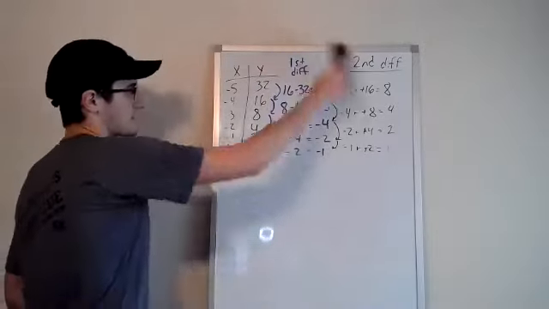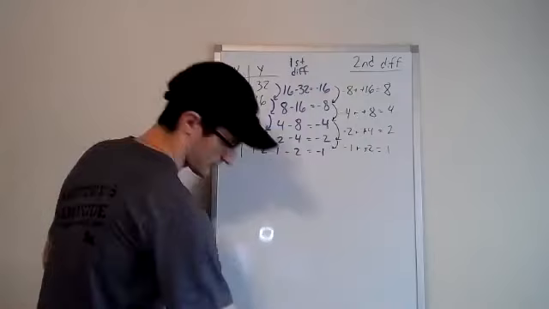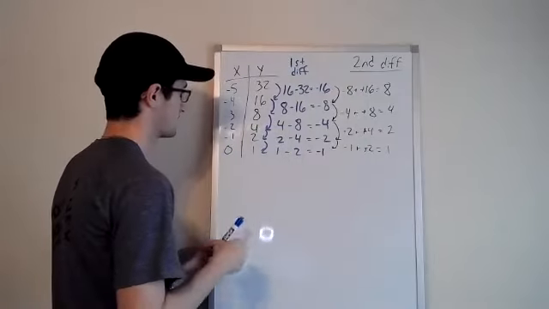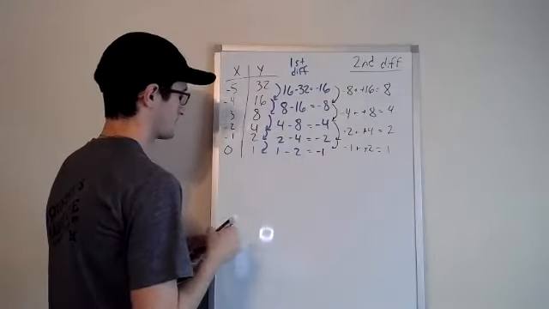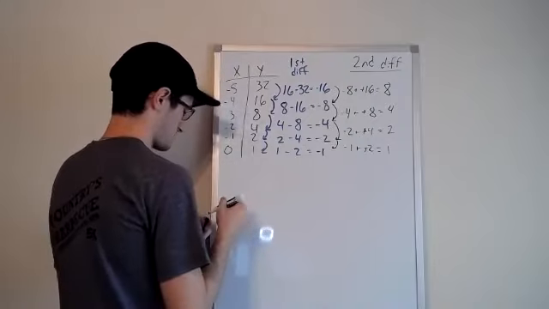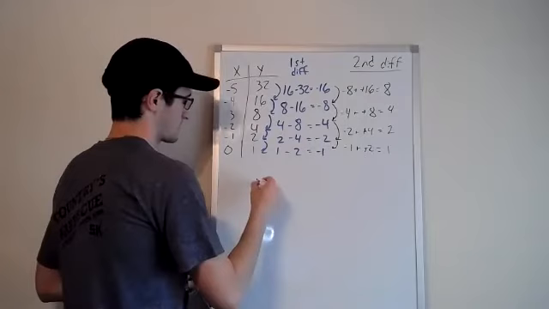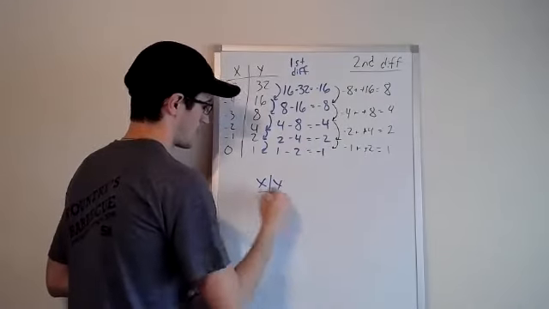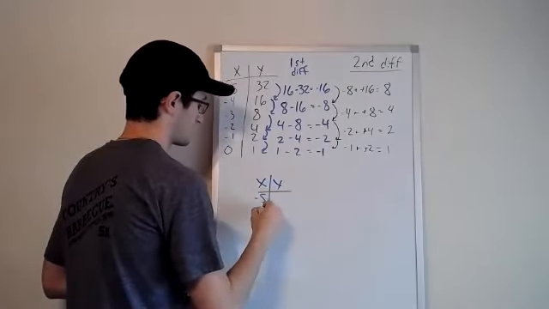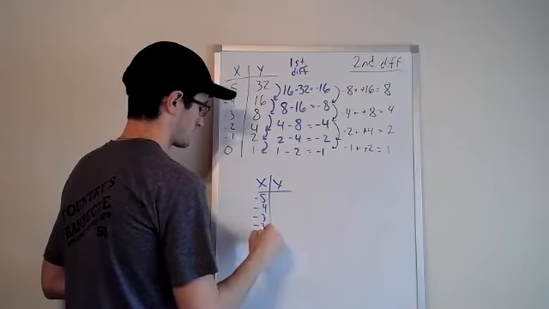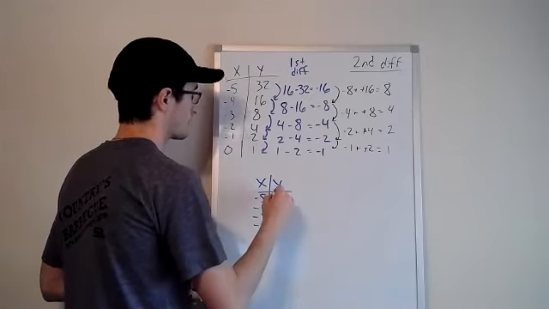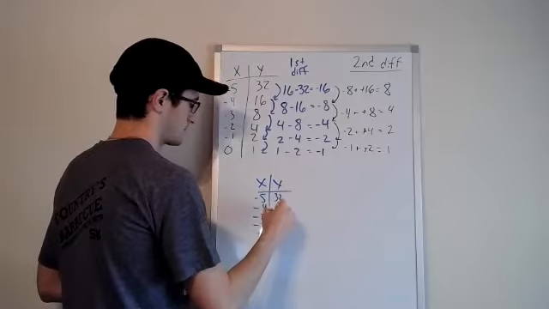If you're still copying the second difference, I'll actually do this below. How about that? I'll do this underneath. So let's try again with the values here. Let's try with x, y: -5, -4, -3, -2, -1, 0, and 32, 16, 8, 4, 2, 1.